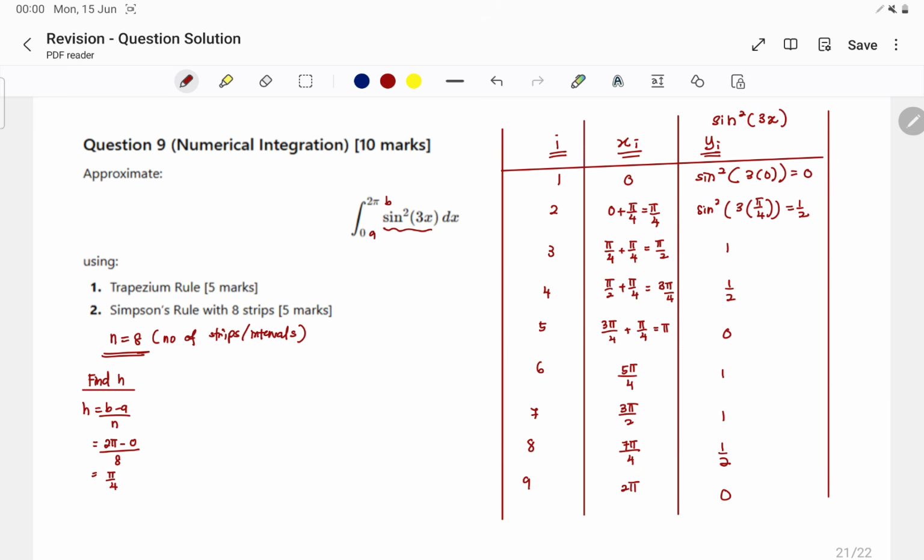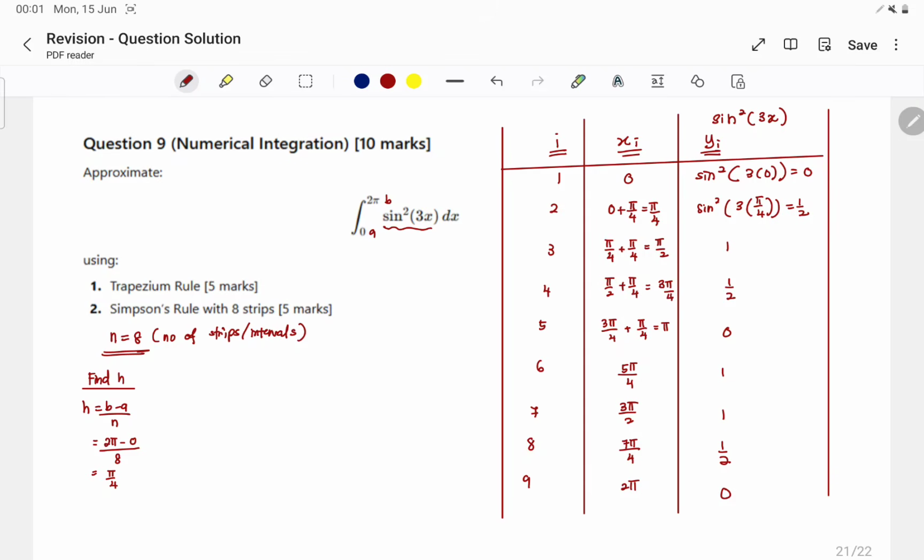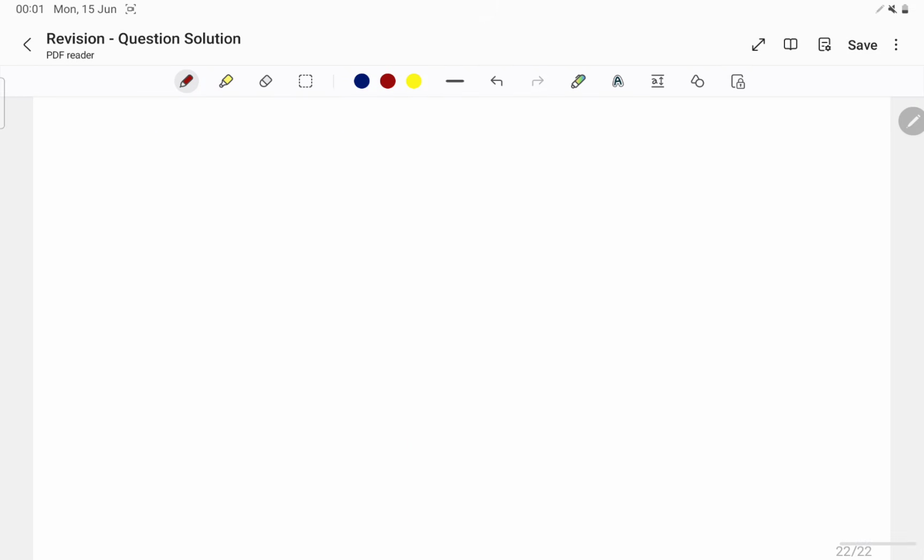So here, when you want to solve the trapezium rule, the concept is easy. You just have to add the values. Copy first the integral, 0 to 2 pi.